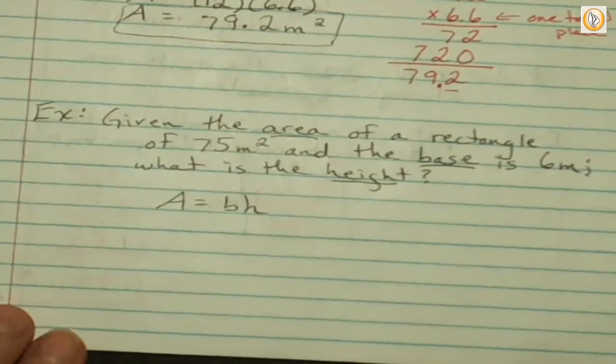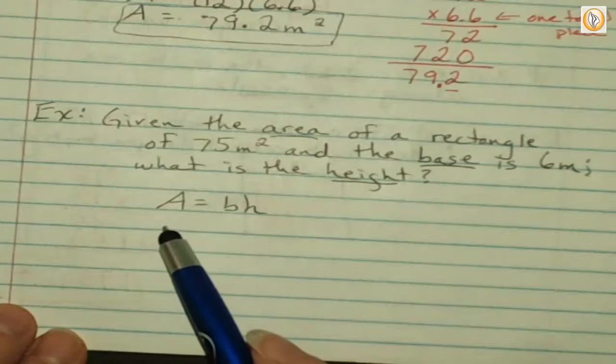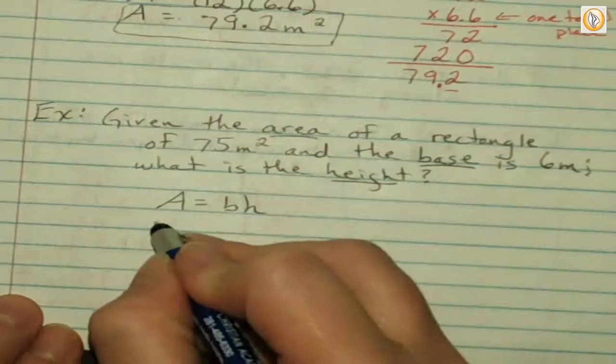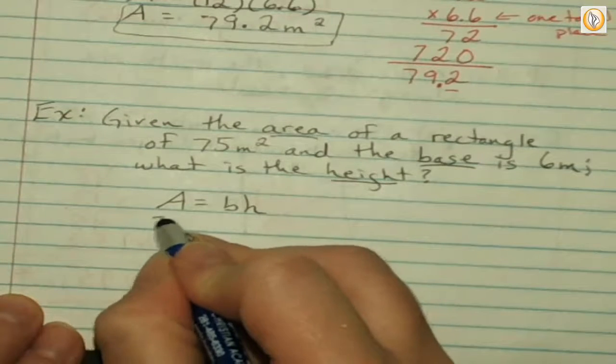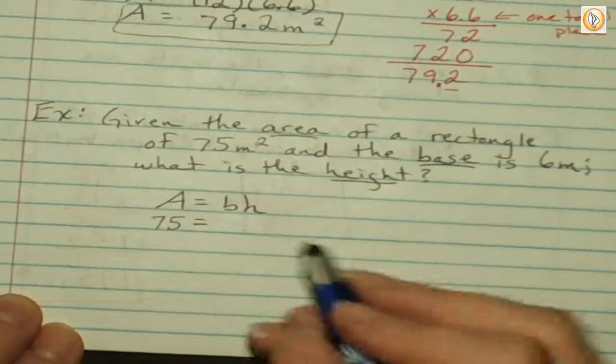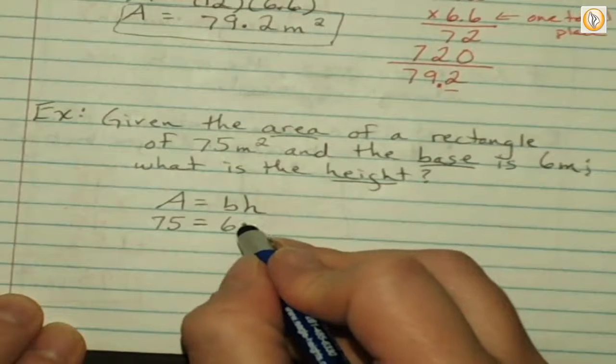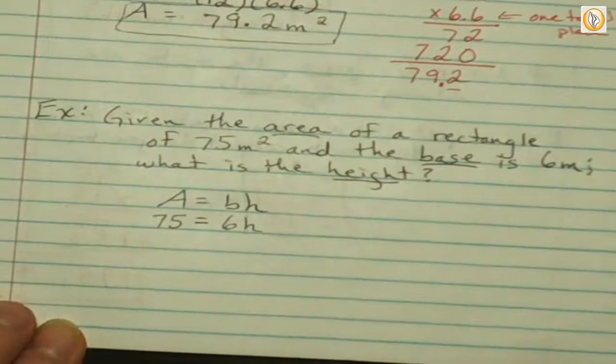Now, all you do this time is plug in the information. Do we know the height? We do not. Do we know the area this time, though? We do. And what is it? 75. That's right. So we're going to put 75 in place of the area. Equals, do we know the base? 6. It's 6 times height, just h.